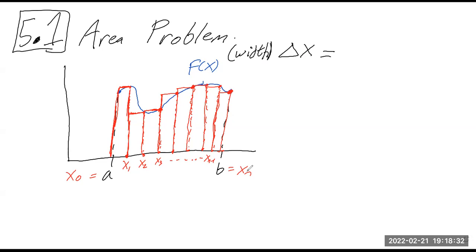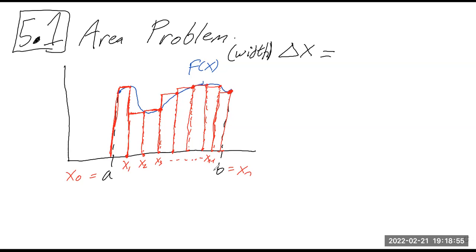So suppose that I just take an arbitrary n rectangles, right? Then what I have is one width here, and then another width, and then another, so on and so forth. I get n total widths because I have n rectangles.